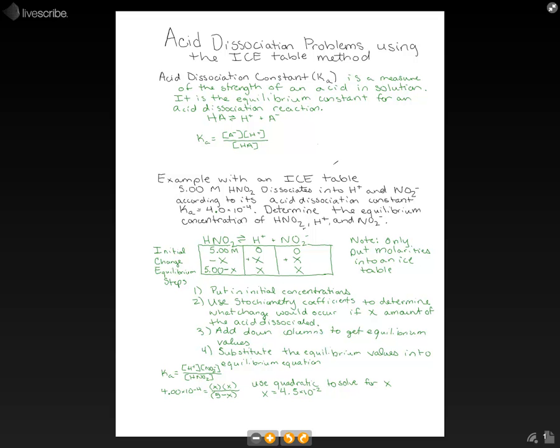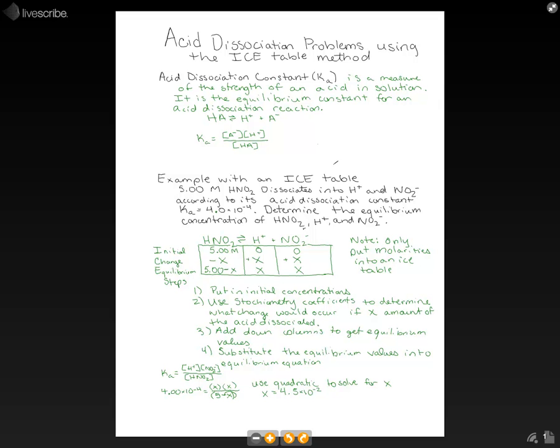A simplification that you often make in this type of problem is that this bottom X, the X that's subtracted from the 5, which I'm circling here, is just ignored. So you would just have 5 in the denominator, which makes this a little simpler and you don't have to use the quadratic. But that's not always a good assumption to make, depending on how large X is. So it's just as easy, I think, to leave it in there and use the quadratic.